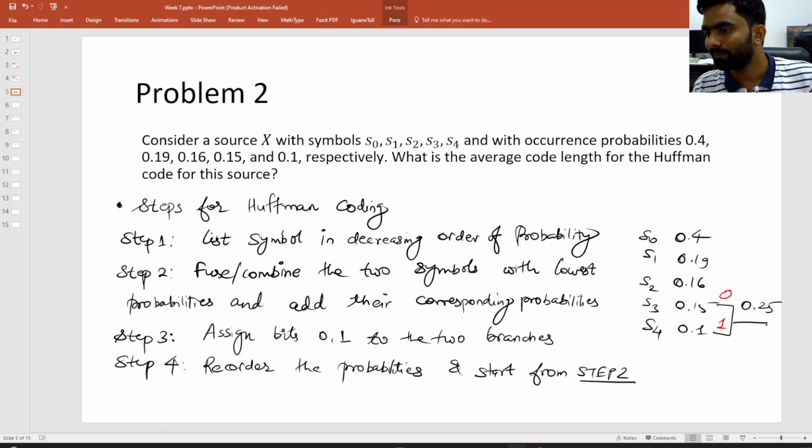Here, now we will move this 0.25. Where does it lie in this order, 0.4, 0.19, 0.16? It will lie here in between 0.4 and 0.19. So we place this here and start from step 2: fuse and combine the two symbols with lowest probability.